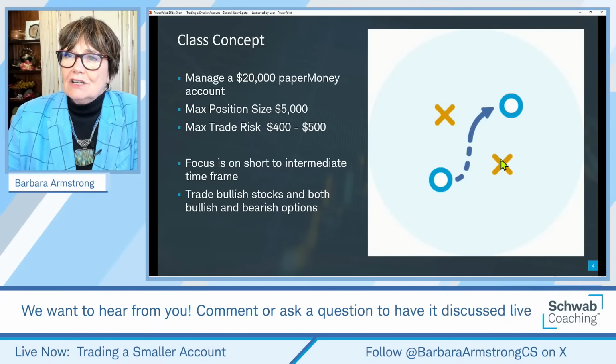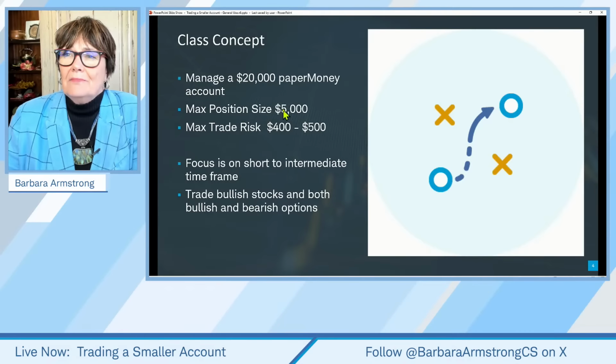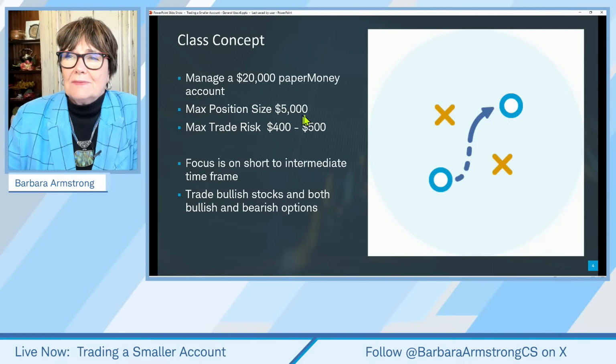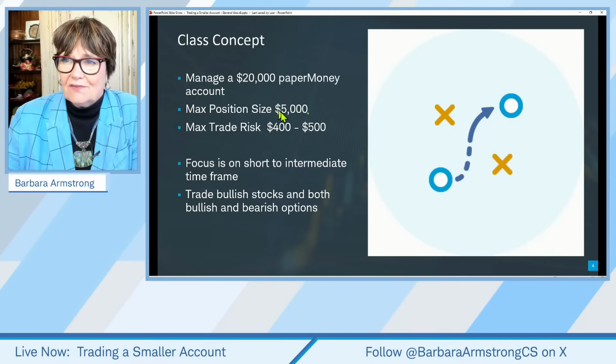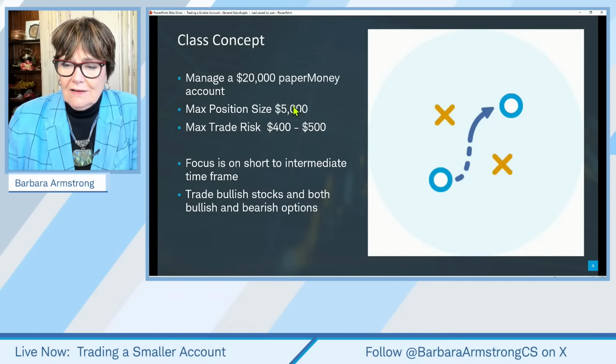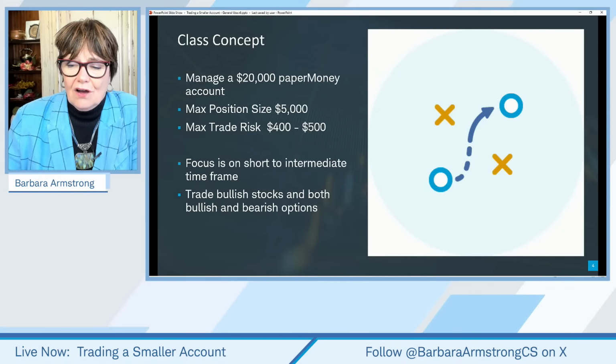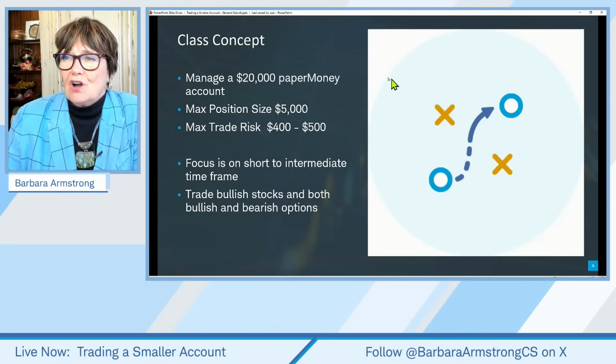For those that are new, this year we started with 25,000 in our paper money account. Our max position size if we're buying stock is 5,000. You might say, hey, that's 20% of our account value. While that is true, we did that so we could do things like buy-write covered calls on stocks in that $50 range or less.